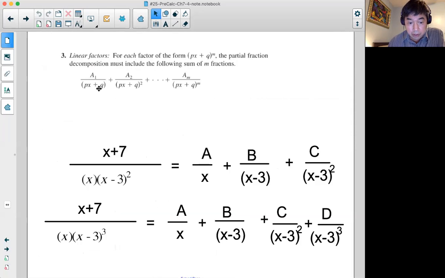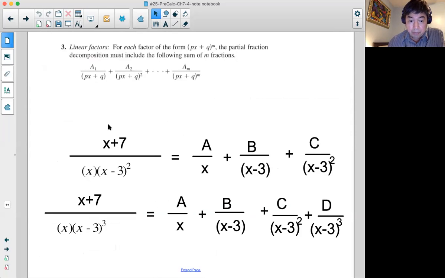So if you see this, this was the example I had, from the previous question. If you see x minus 3 to the second power, you have to include x minus 3 to the first power and x minus 3 to the second power, right?